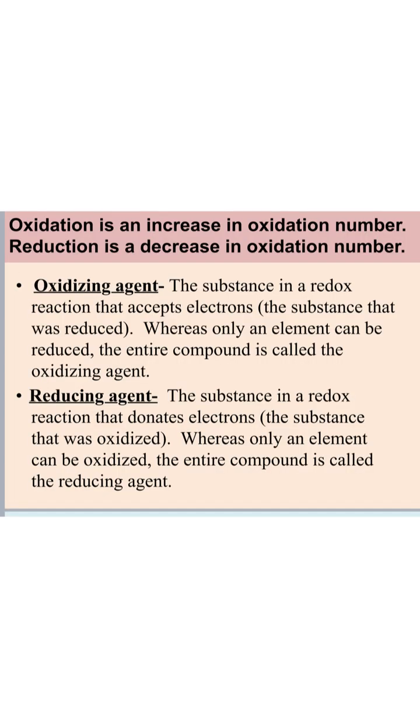All right, so another way you can look at this is that oxidation is increasing the oxidation number, and reduction is decreasing the oxidation number, so it's reducing it. The oxidizing agent is a substance in a redox reaction that accepts electrons. It is a substance that is reduced. So you're going to notice in this unit that everything is the opposite.